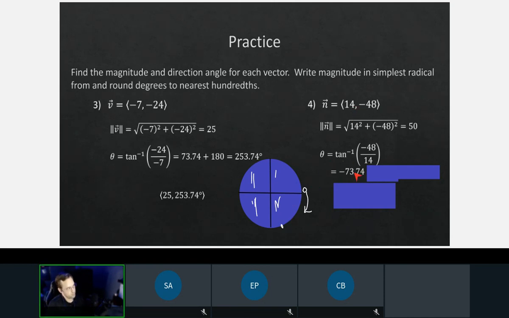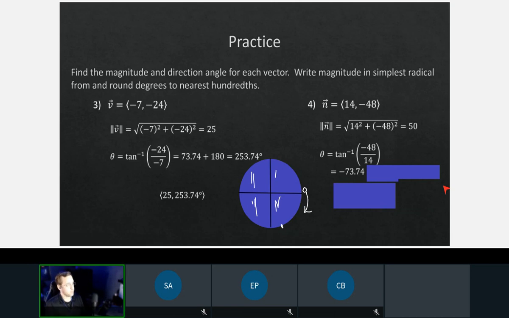The problem, though, is the answers that you have to put for your quizzes, your tests, even your practice problems, you want the angle between 0 and 360. And because it's negative, we have to make that correction. So to make this still be in quadrant 4, to get the coterminal angle, we have to do what to this negative degree?